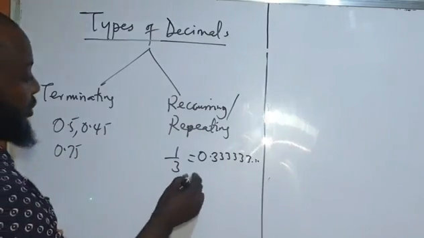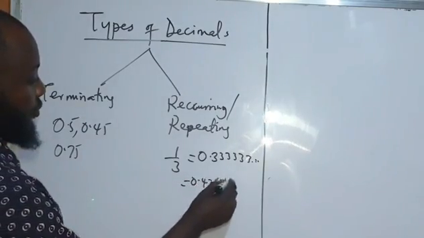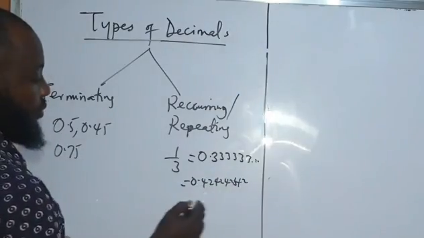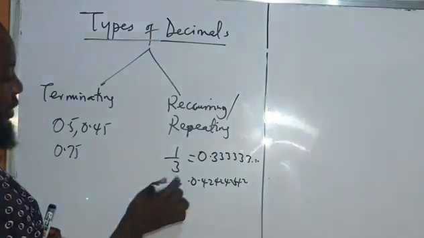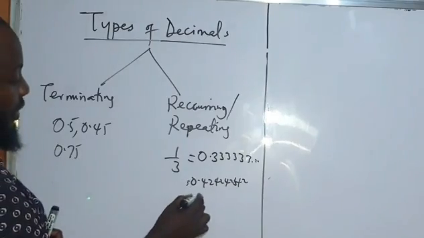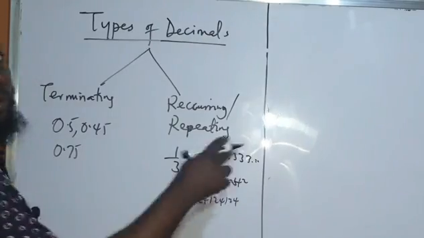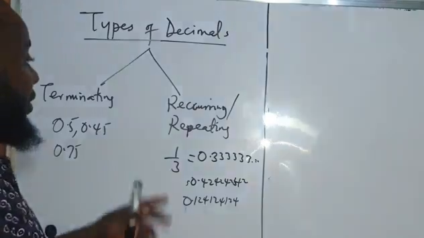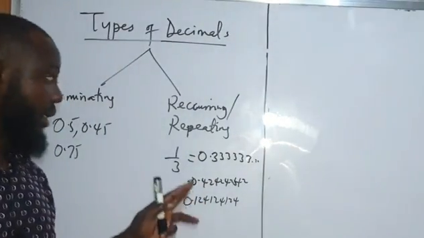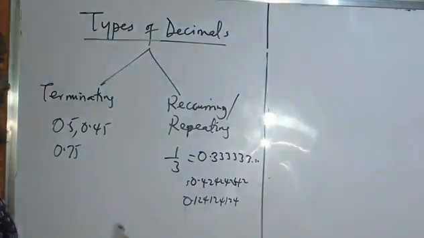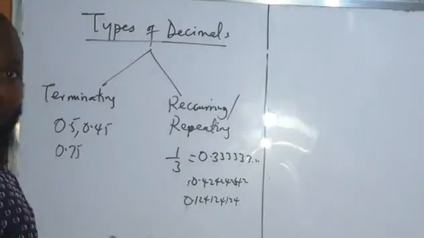Sometimes you have 0.42424242. Sometimes you have another one, 0.124124. It will be repeating itself. So all these ones are what? Recurring or repeating decimals. So these are the types of decimal we want to look at in this class.